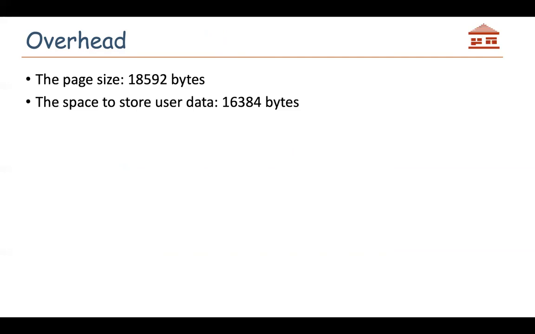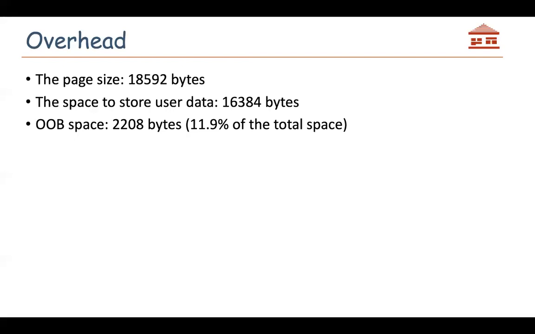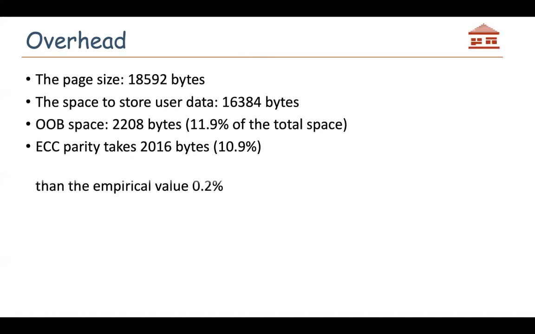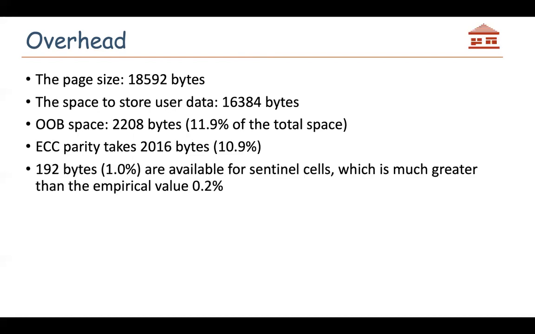The space to store user data is 16 kilobytes, and the OOB space is about 11% of the total space, and ECC parity takes more than 10%. So that leaves 192 bytes available for sentinel cells, which is much greater than our value 0.2%. This means there is low loss in the space.